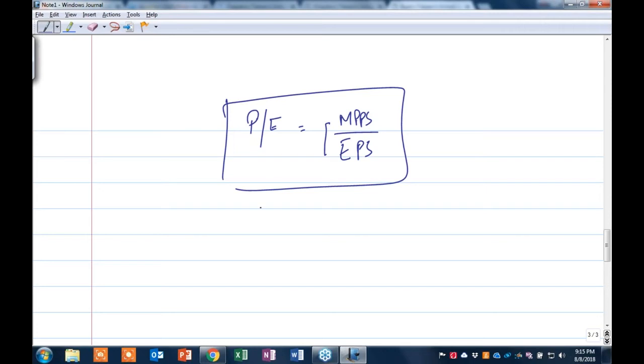If we rearrange this PE ratio for calculating the price, MPPS will be equal to PE ratio times earning per share. So if you multiply the price earning ratio with the earning per share, you will get the market price per share.